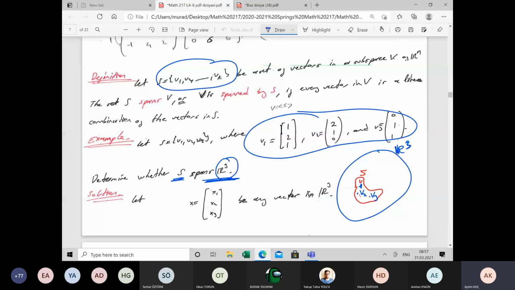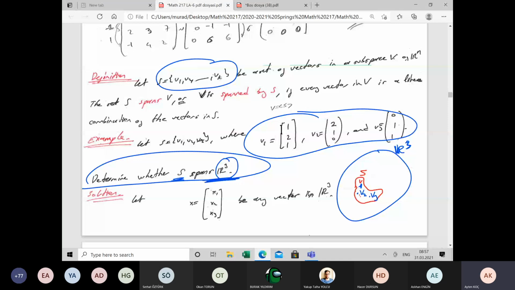Our aim is to check this. So how do we check that? You have to take an arbitrary vector here, and check whether all vectors in R cube can be written as a linear combination of v1, v2, v3 or not.